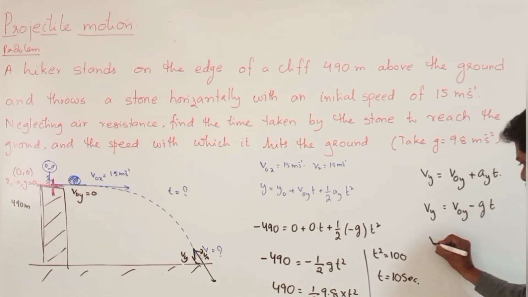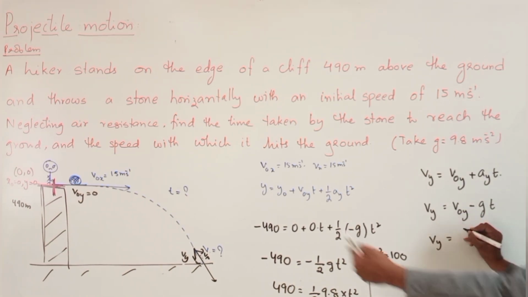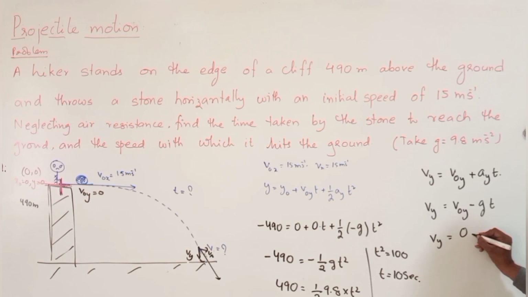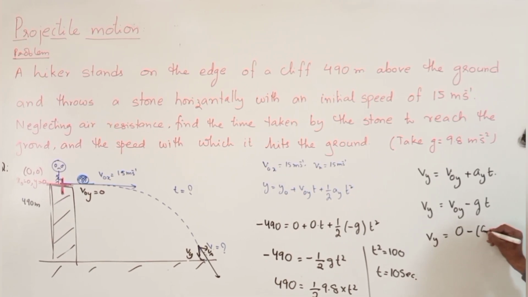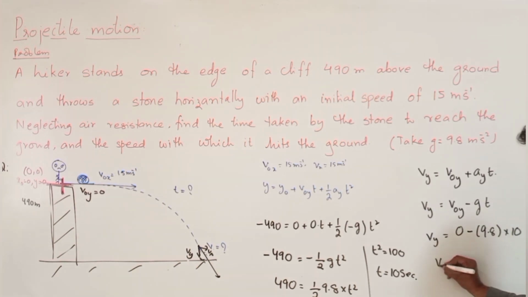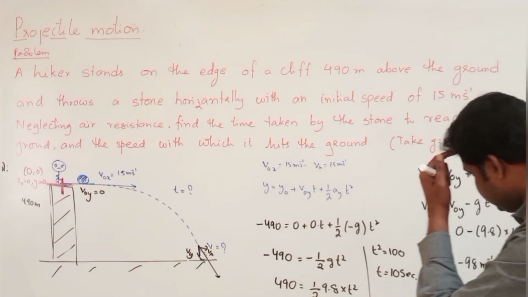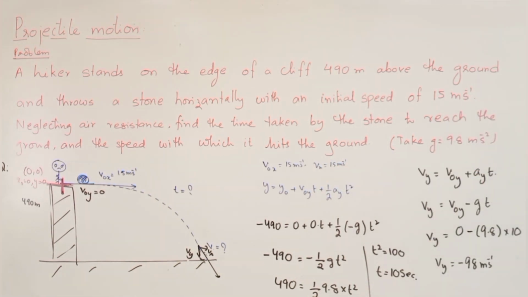Then vy has to be calculated. V naught y is 0, and minus 9.8 into 10. Vy is equal to minus 98 meters per second and Vx is equal to 15 meters per second.